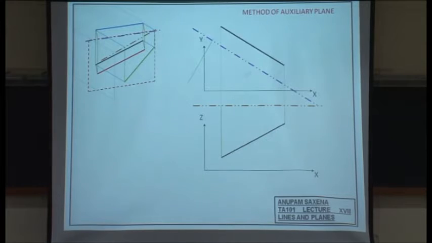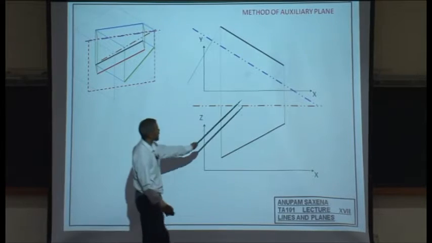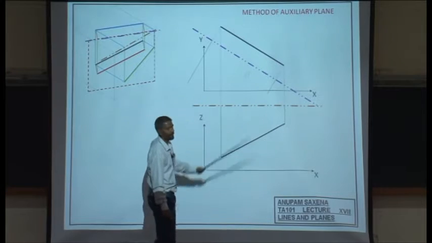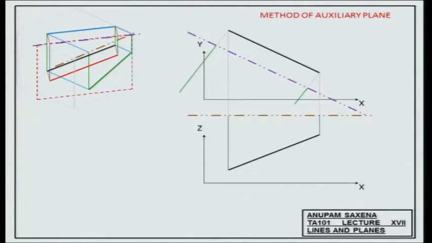Look at that small distance. I would stay on this projection line and take the same distance from here to here. And I'll join these points. Then I'll say that this is the true length of my three-dimensional line.